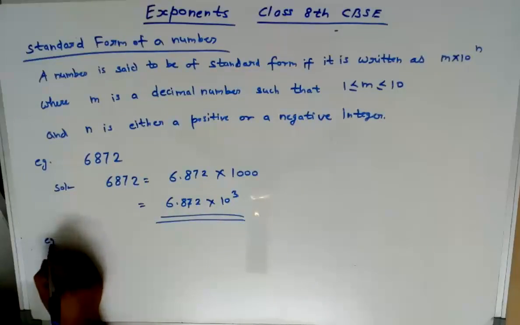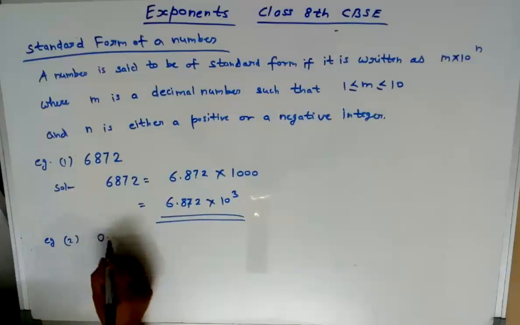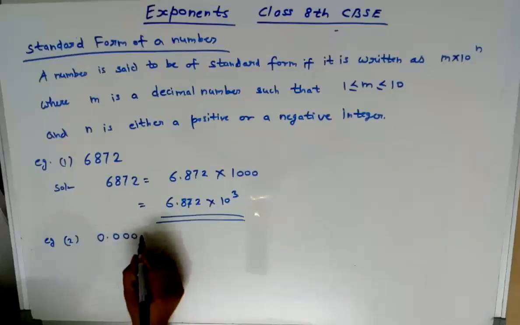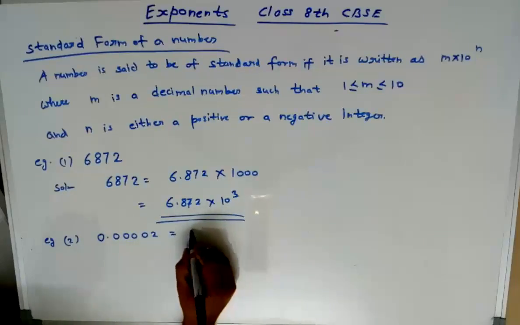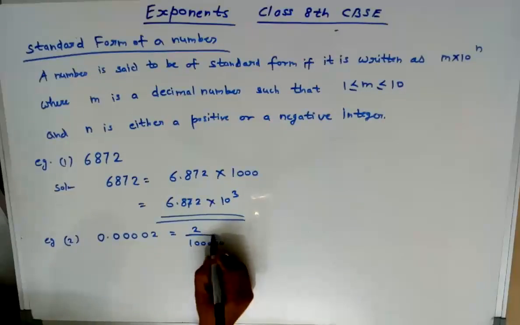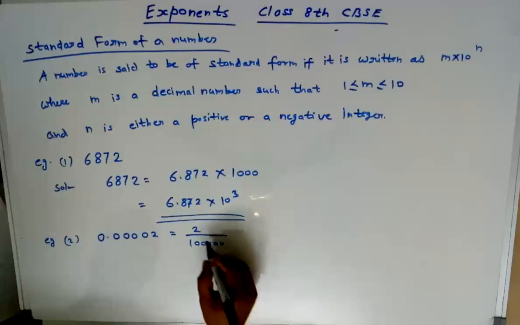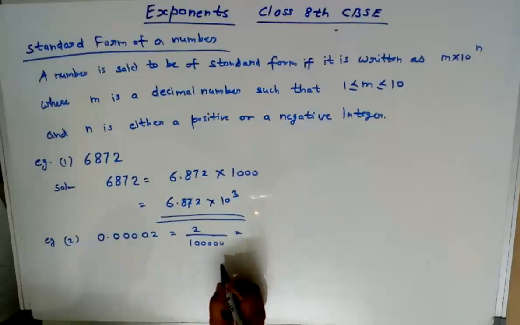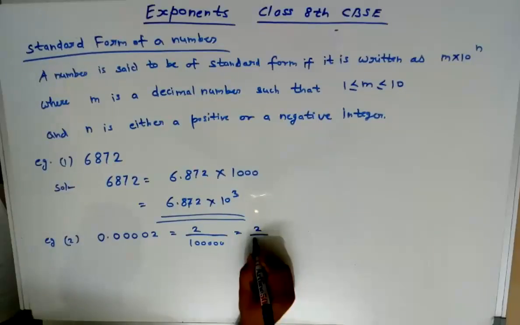Example 2. Write the standard form of the number 0.00002. Now this number can be written as 2 upon 1 lakh, or 2 upon 10 raised to the power 5.